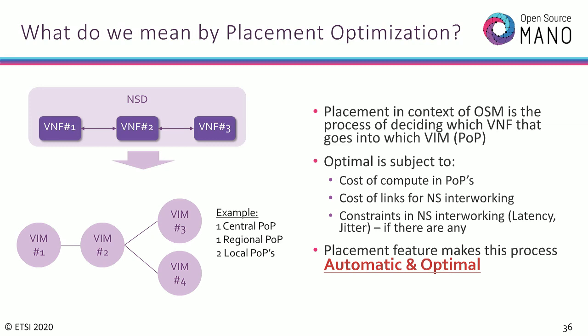And optimal is then subject to, for example, the cost of compute in the different data centers, which might be different, the cost of links or transport capacity for interworking between the VNFs should they become distributed, and also whether we have any constraints on that interworking, for example, latency or jitter, which might limit the possible ways this can be distributed.